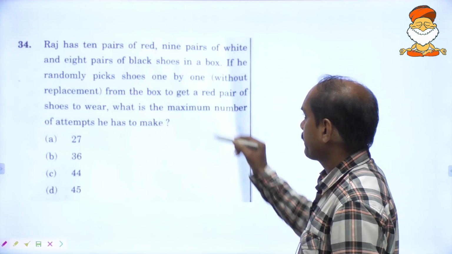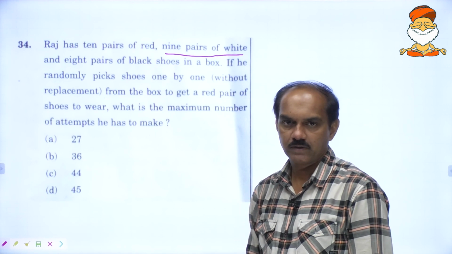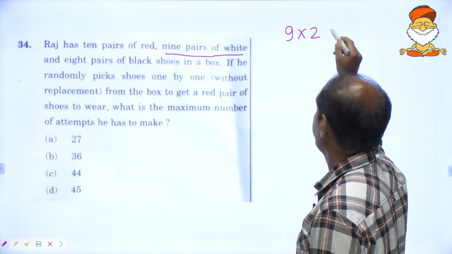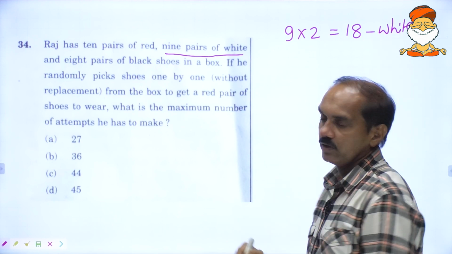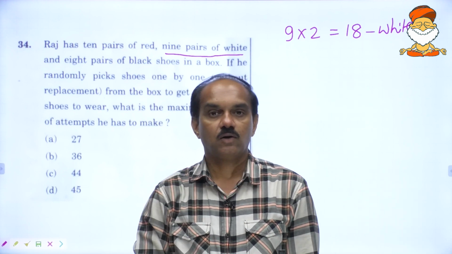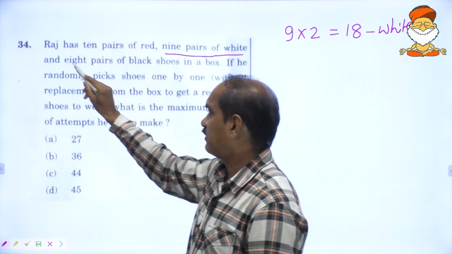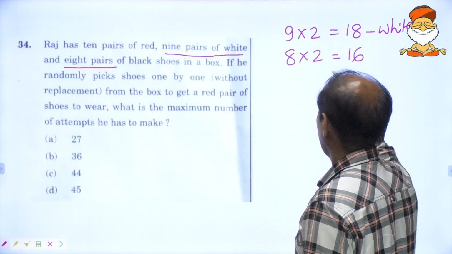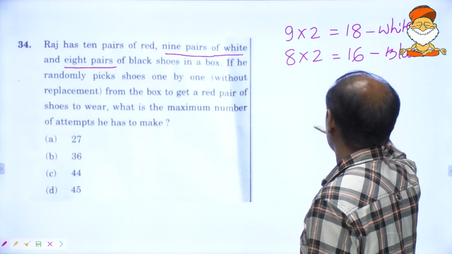So assuming he has got all the 9 pairs of white colored shoes in the beginning itself. 9 pairs means 9 twos are 18. All these are white. Assuming his luck is not up to the mark and he got all the 9 pairs of white colored shoes in the beginning itself. Then assuming 8 pairs, 8 into 2, 16 shoes of which color? Black color.